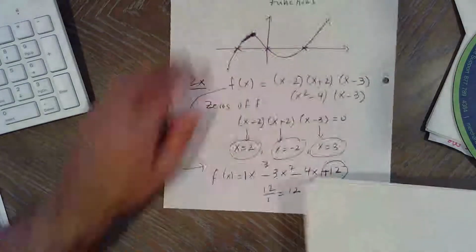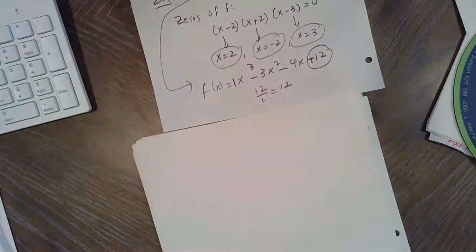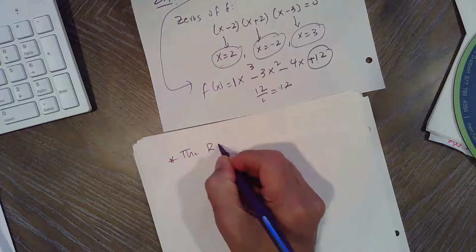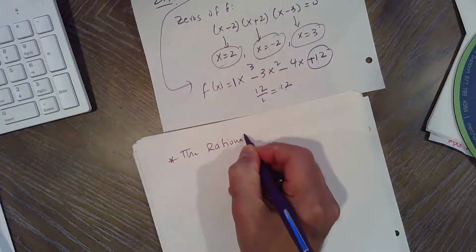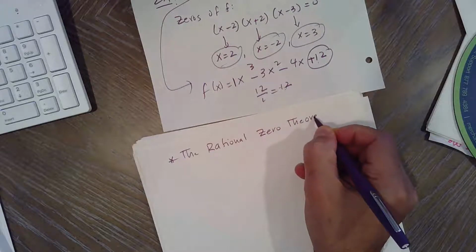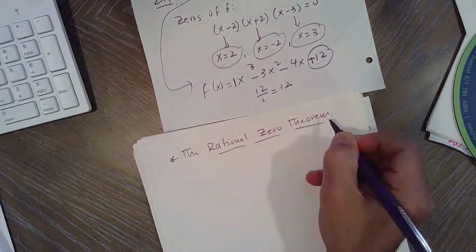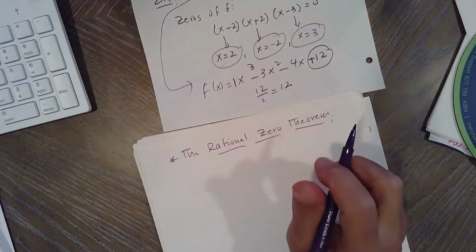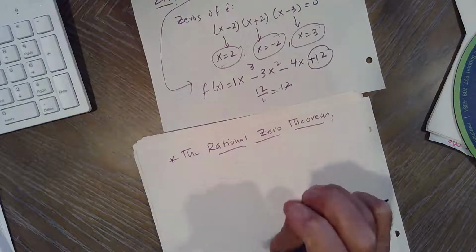It's about the rational zero theorem. This theorem will tell us where to look for rational zeros. It gives us the possible rational zeros.